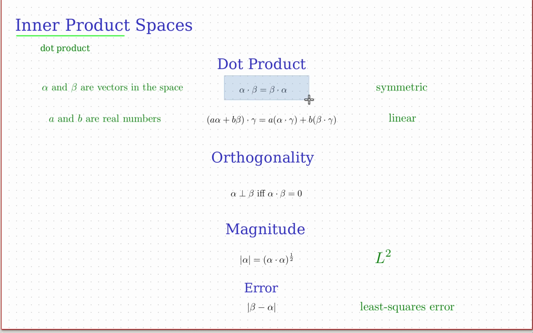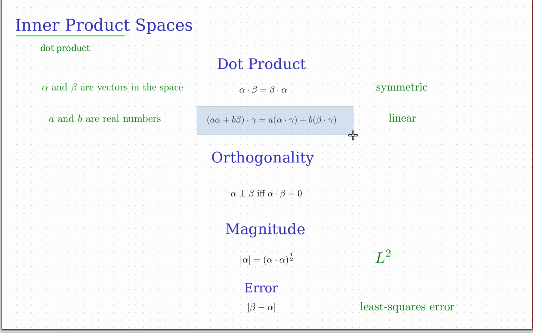So symmetry is the property that alpha dotted with beta should be the same as beta dotted with alpha. So if the dot product is symmetric, that means that the order in which you apply the dot product doesn't matter. Right? That's a natural thing. It's obviously satisfied for both functions and vector spaces. Right? The order in which you multiply the components doesn't matter.